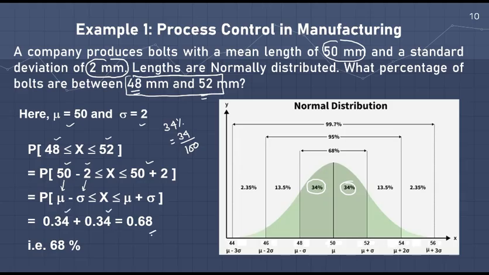If you add them up, it is 0.68. To express it as a percentage, multiply by 100 and put the percentage symbol. So 68% of the values will lie within the range of 48 to 52 mm. That is how we solve this problem.